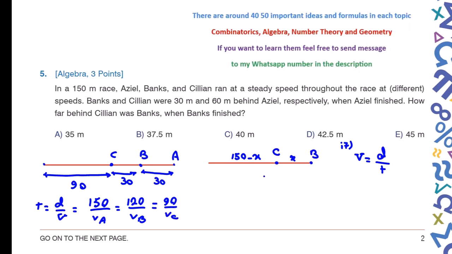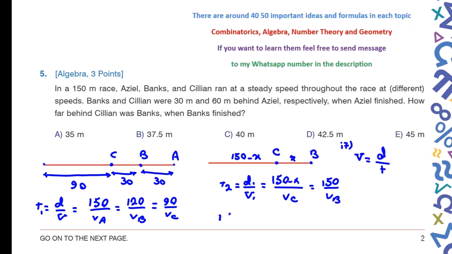Now for this one, again, the time here is t2 at this moment. It is equal to d over v. For c, it will be 150 minus x. These d and v are different, so let's write d prime, v prime. 150 minus x over v of c equals 150 over v of b, and we want to find x.